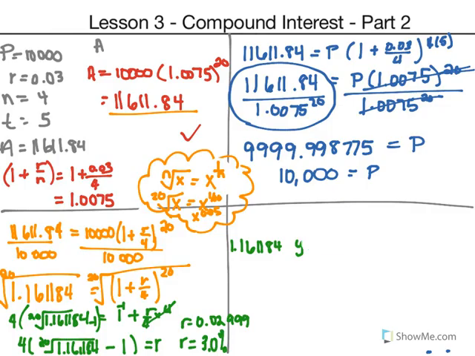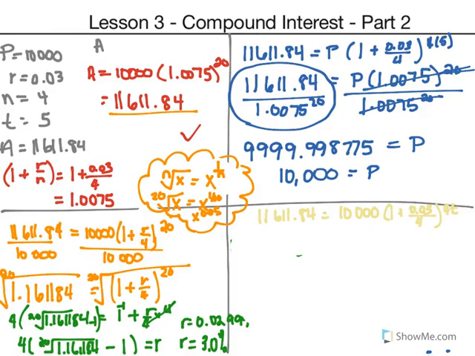And the last one, we have $11,611.84 is equal to the principal, which is $10,000, times 1 plus the rate over 4, since it's compounded quarterly, to the power of 4t.